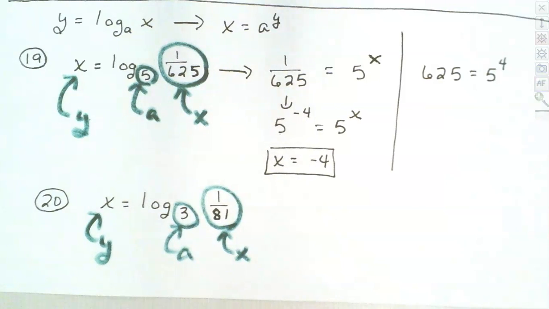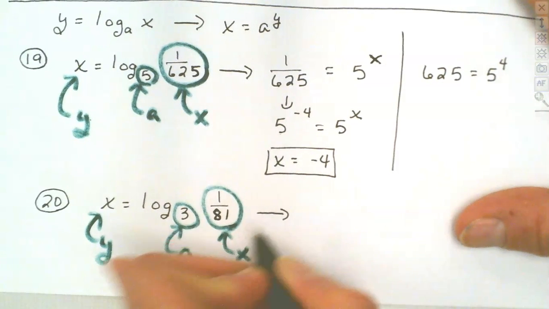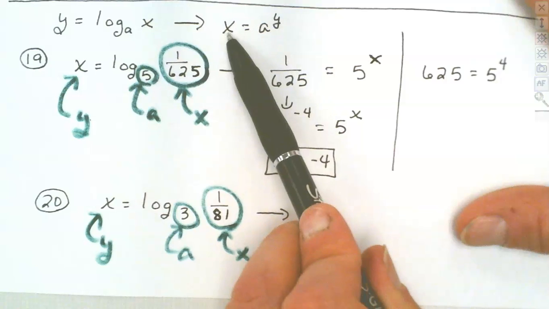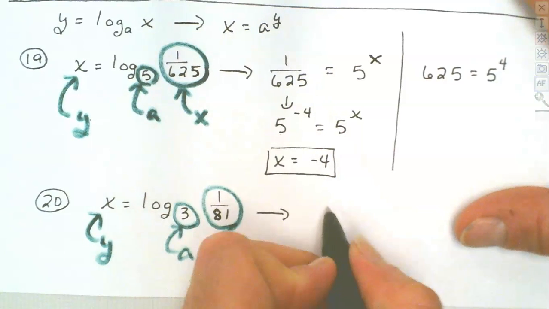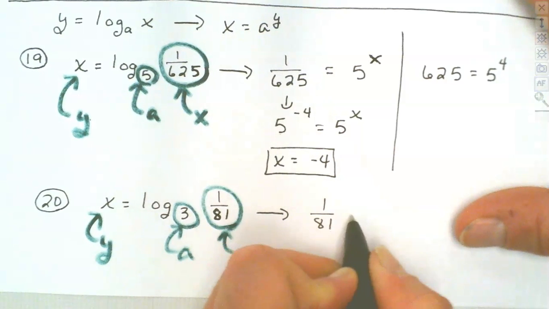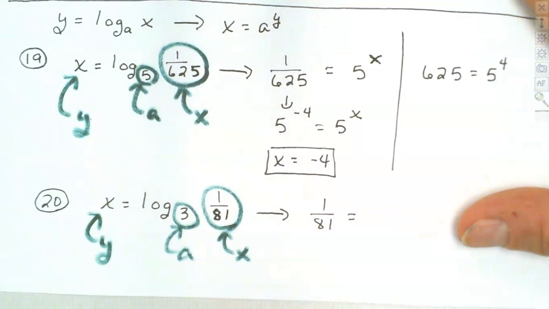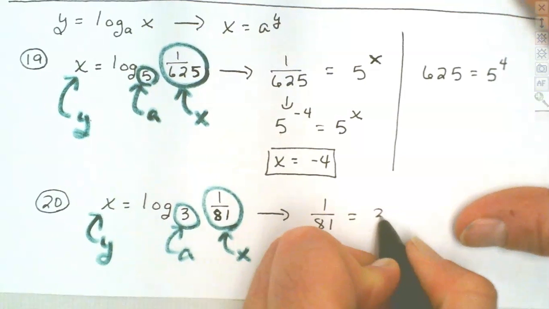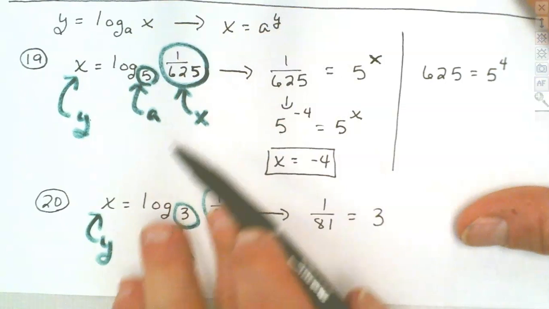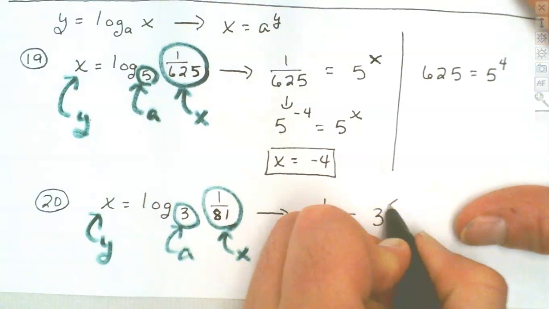So what does that transform into? Let's use our formula. X, what was our x? X was 1 over 81 again. And that's going to equal a, which is 3, to the y, which is x.